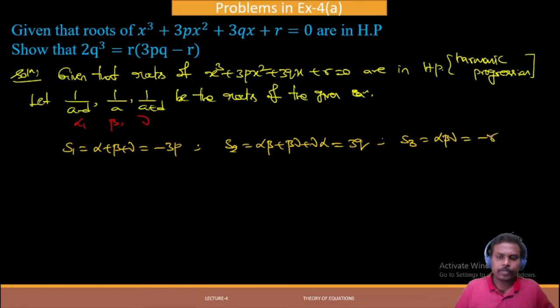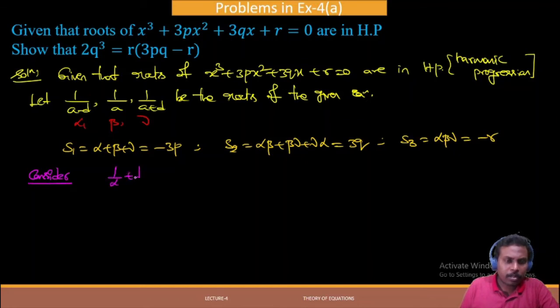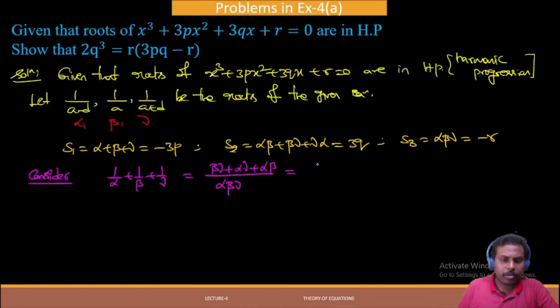Okay, now consider 1 by alpha plus 1 by beta plus 1 by gamma, that is equal to, with alpha beta gamma in the denominator, beta gamma plus alpha gamma plus alpha beta. If you look at this quantity, the numerator is equal to S2 and the denominator is equal to S3.